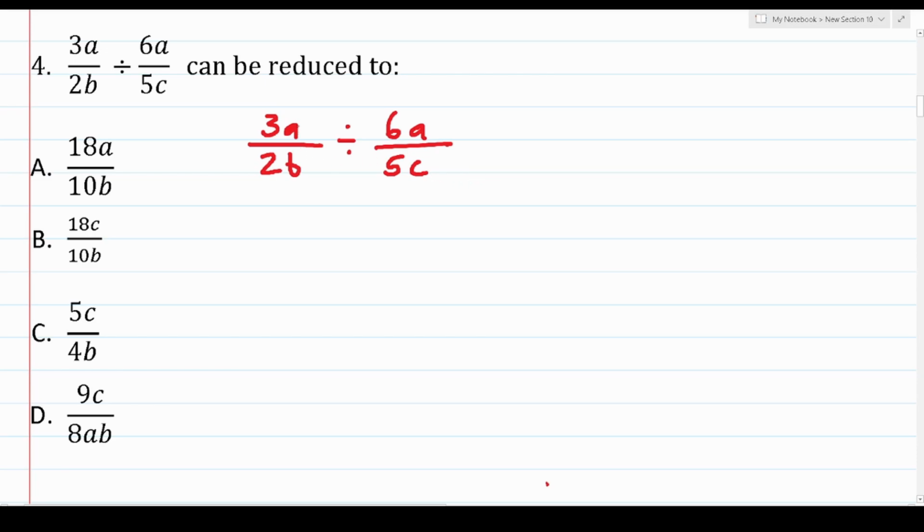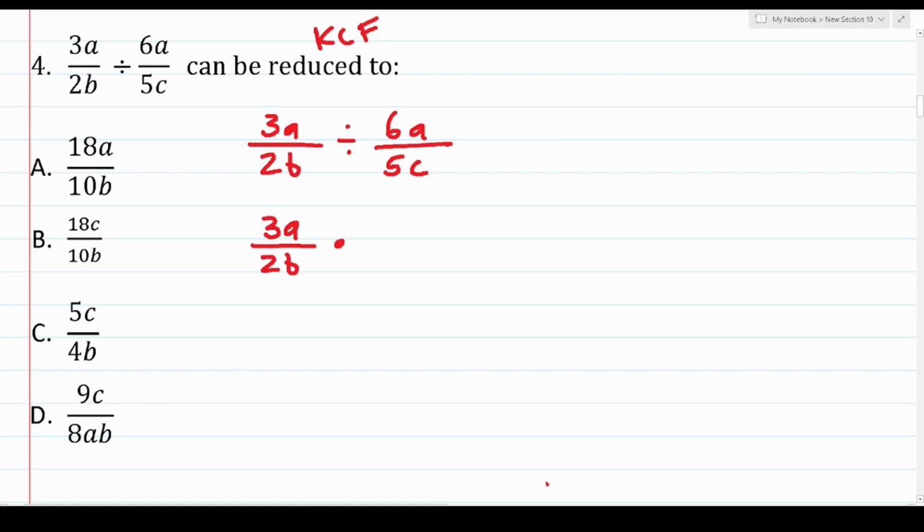So the very first thing we want to do is address this division. When you divide fractions, you follow the algorithm KCF, which stands for keep, change, flip. That is, you keep this first fraction the same, so we're going to keep 3a over 2b the same. We're going to change the sign from division to multiplication.